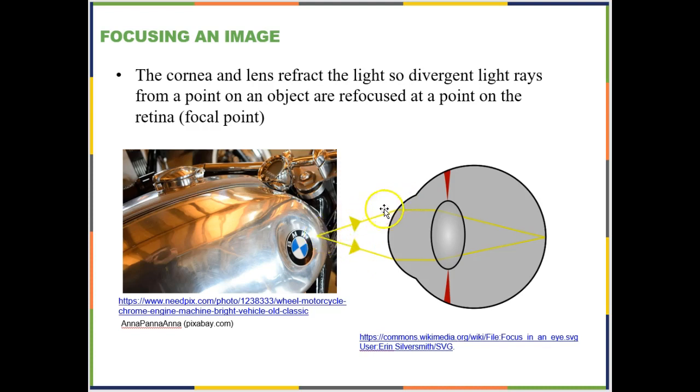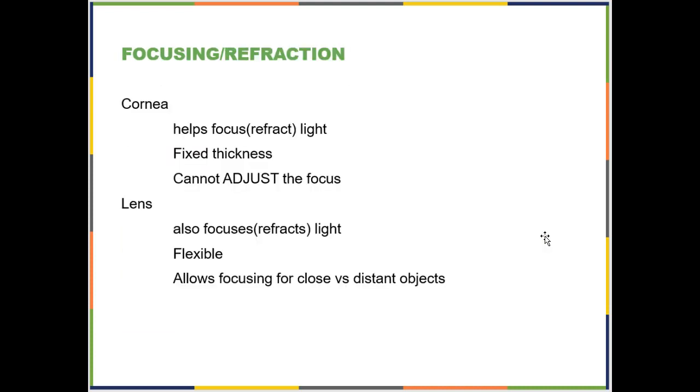So you always have this starburst effect, or divergent light rays, coming off of every object in your field of view. What your eye has to do is get all the divergent light rays from any point in space to meet again at the same point on your retina. That's what focusing is: bending all the light rays back together.